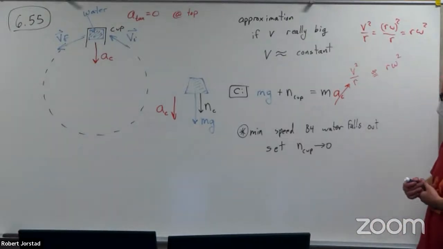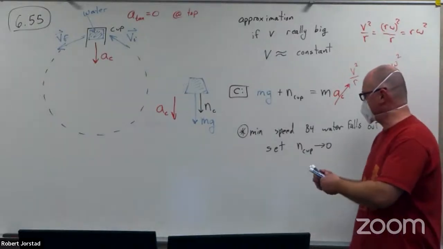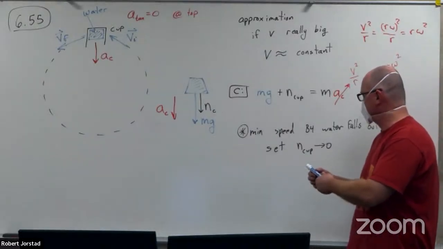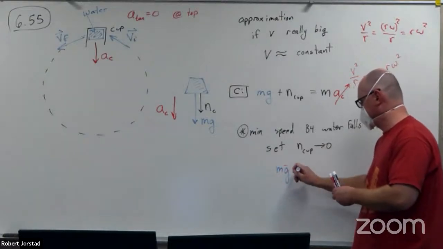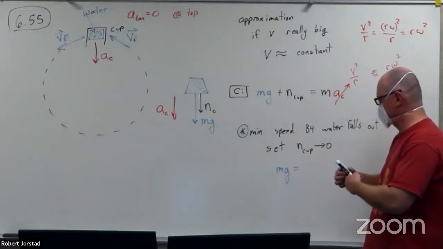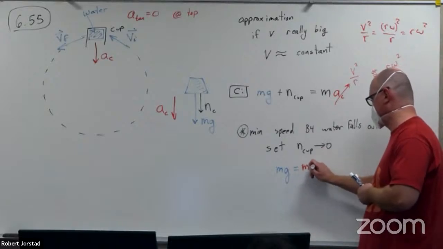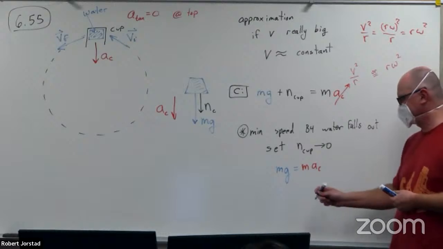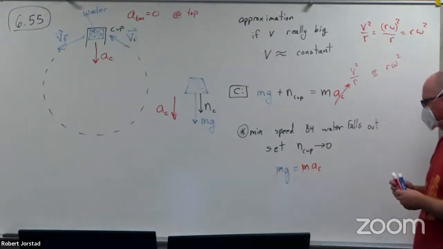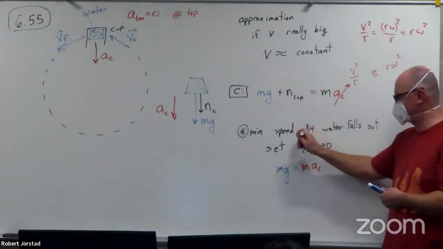So in this case, what do I get? mg equals m a_c. What drops out? How do I get the velocity? I'm looking for the minimum speed.